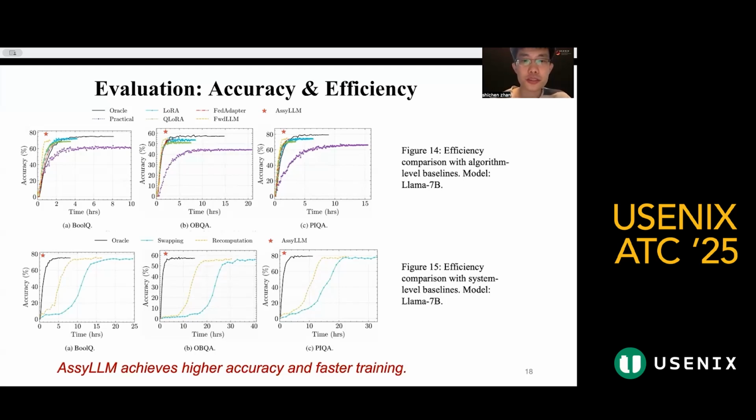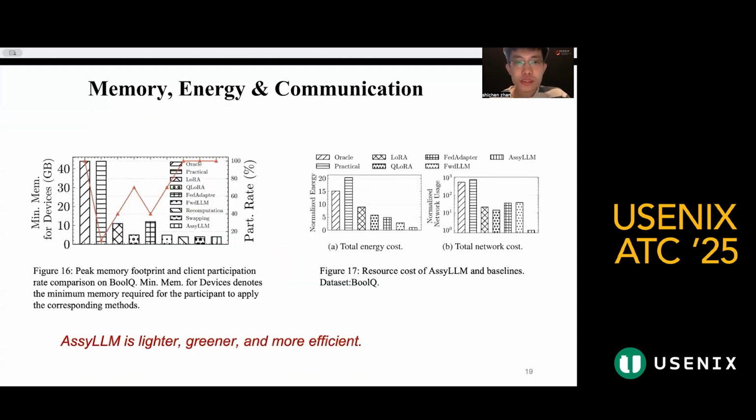Thanks to the efficient block selection and stable training, we also see faster convergence. We can see up to 30 times speedup over traditional methods. And also, AssyLLM has better performance in memory, energy, and communication. From this figure, we can see SAM has much lower memory and energy cost.